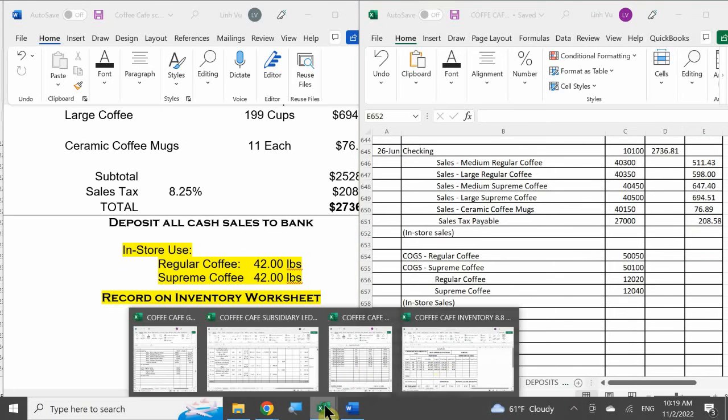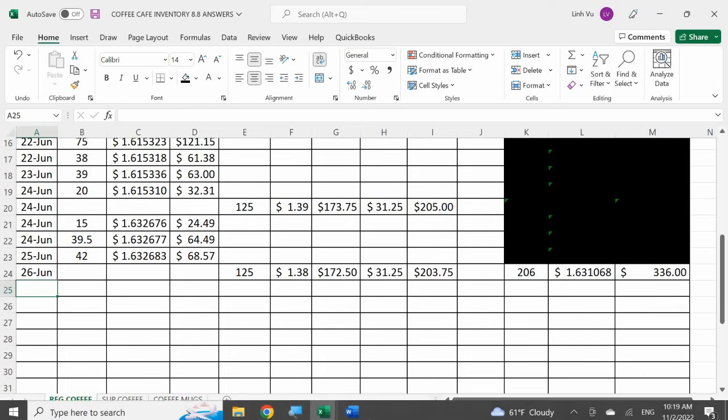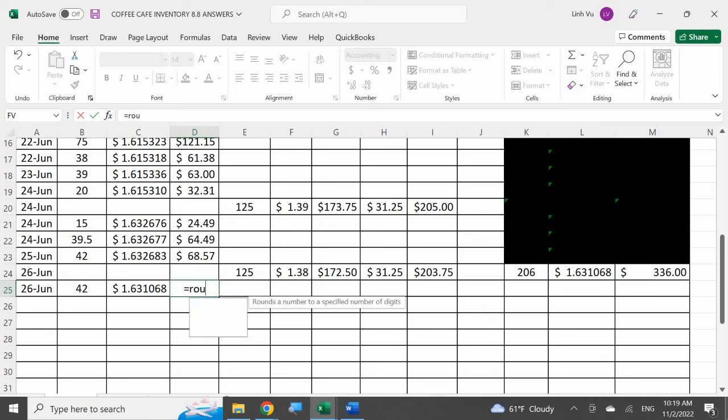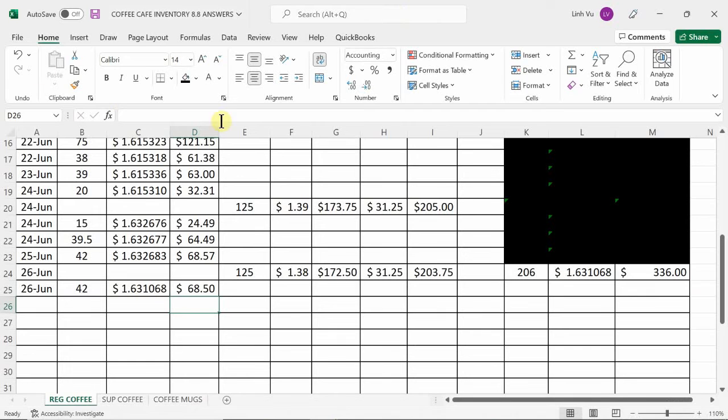Okay, so inventory worksheet. For the regular coffee, today's the 26th, we used 42 pounds. 42 pounds at the $1.631068... $68.50. $68.50 even.